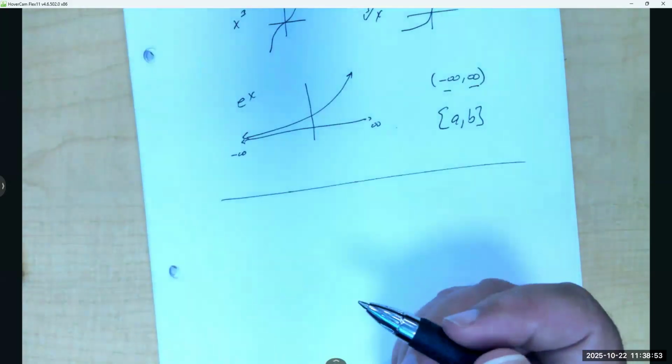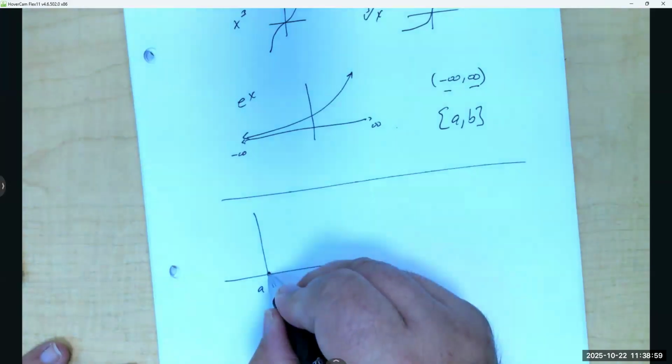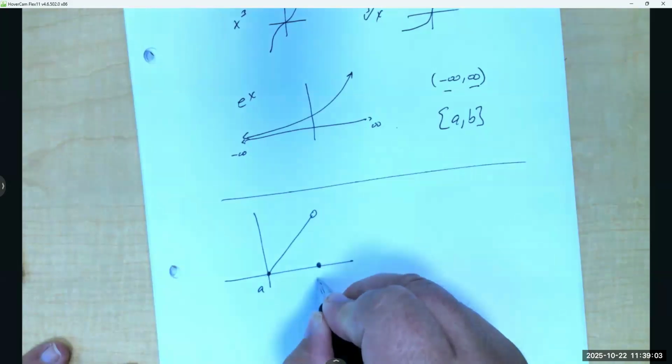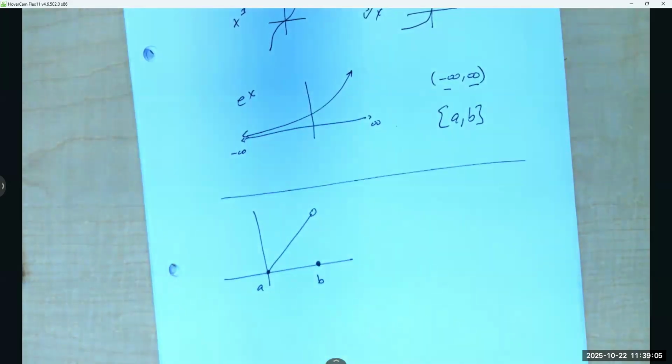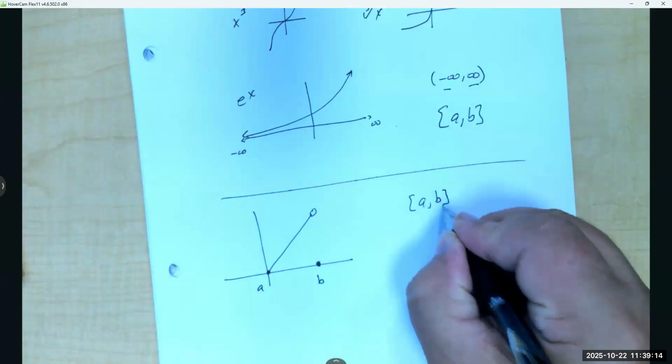Is continuity important? Here's A. Here's B. Do we have a maximum, minimum in that function? The interval is AB. It's closed, isn't it?